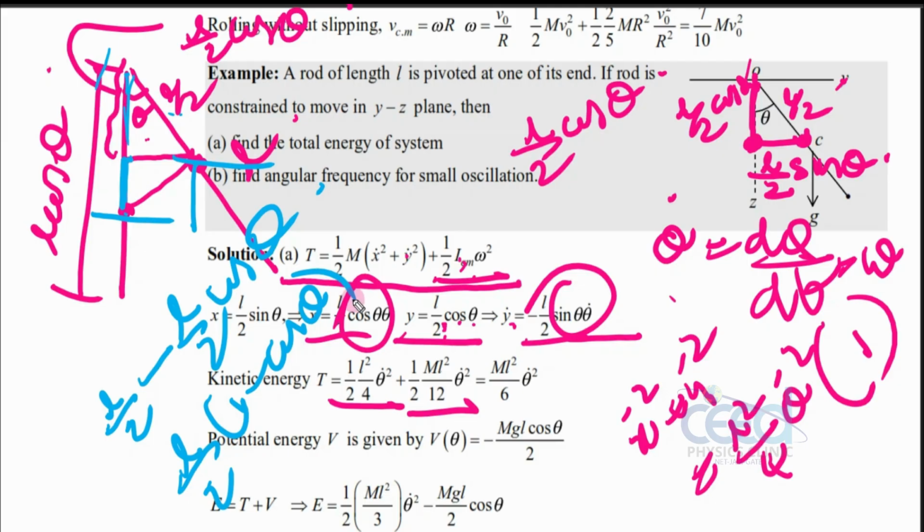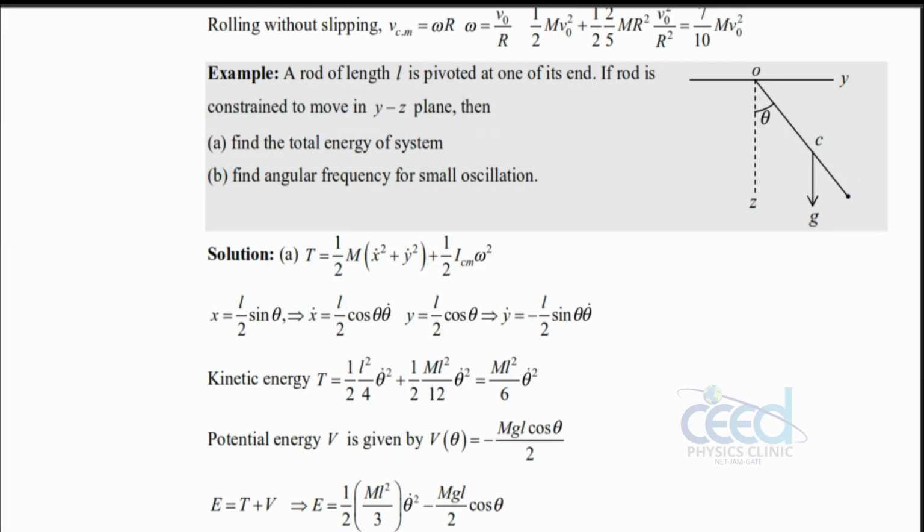So potential energy is equal to mgh. If it is rising, it is work done against gravity, so you can write minus mgh. But here, any time we take the y coordinate as L by 2 cos theta, the height of the center of mass is L by 2 cos theta.